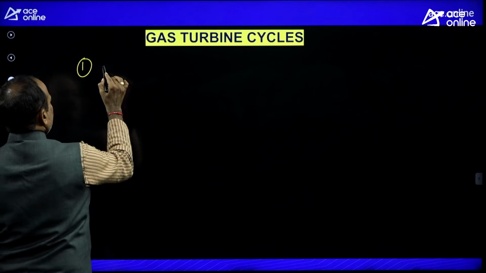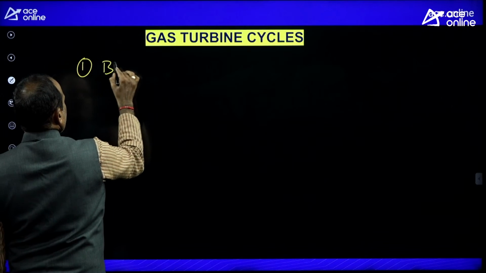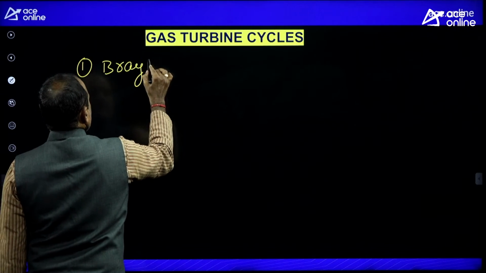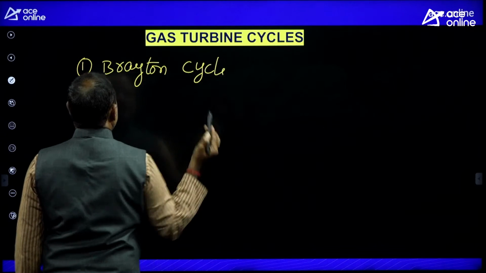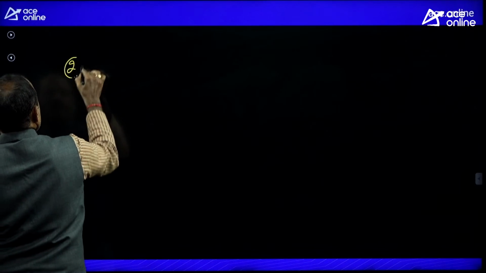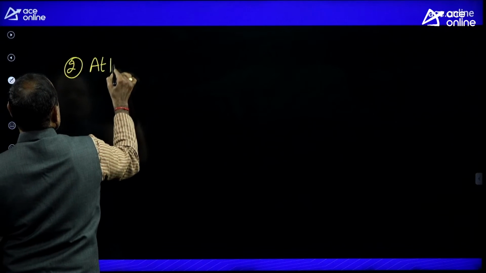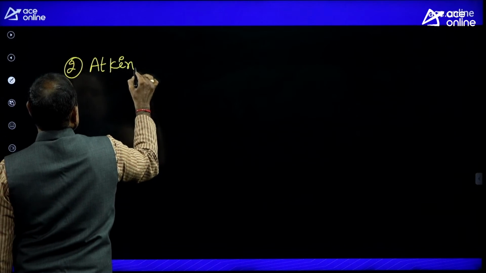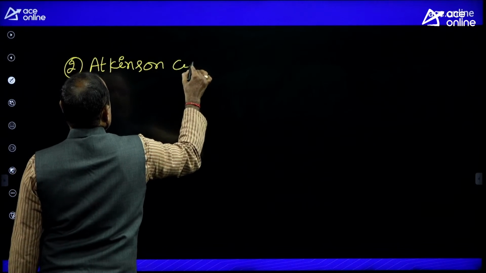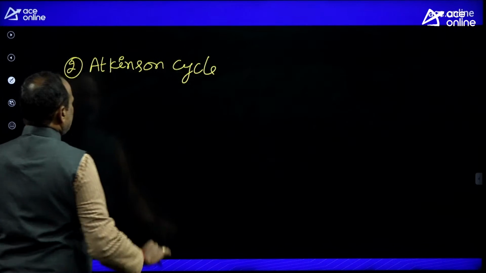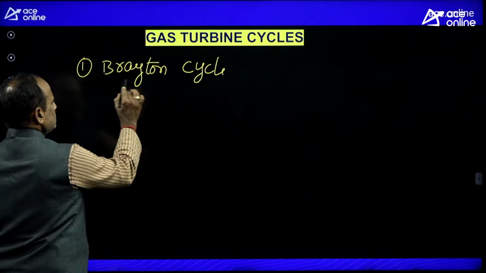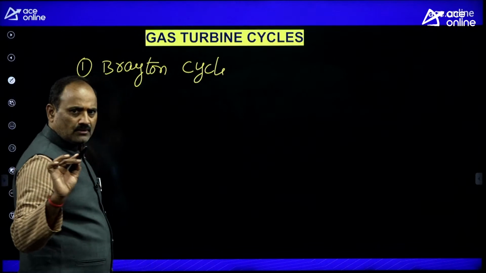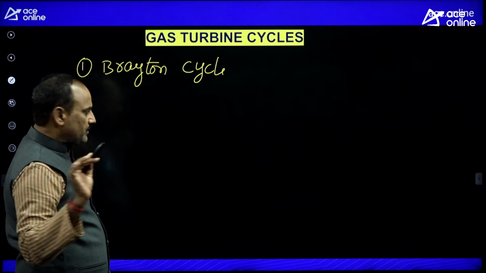So from the gas turbine cycles, Brayton cycle, and second one, Atkinson cycle. You know, Atkinson cycle is the theoretical cycle for constant volume gas turbine power plant, whereas Brayton cycle is the theoretical cycle for constant pressure gas turbine power plant.